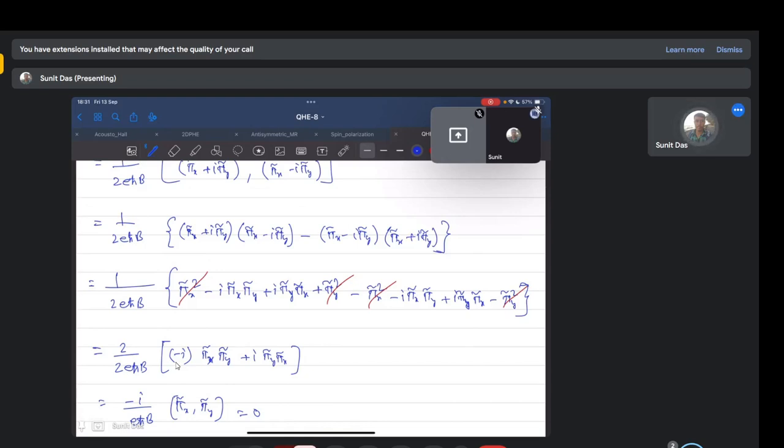Yeah, it says that B and B dagger also gives 1. I mean, the commutator of B and B dagger. But if it is defined in π_x tilde, it should actually give 0, just because π_x tilde and π_y tilde commute with each other.